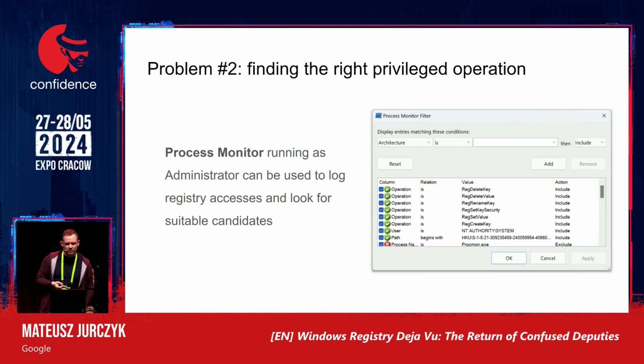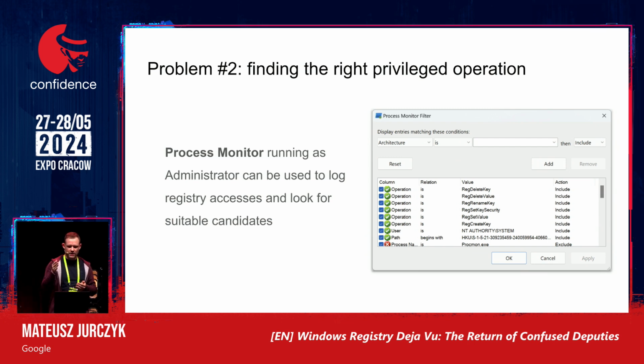The second problem is trying to find the right privileged operation. Here, there is a very neat tool called Process Monitor that can help us. As another user in the system, we can start Process Monitor and set a nice set of conditions that we want to monitor in terms of registry operations.